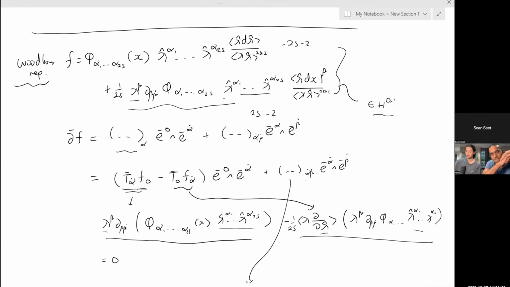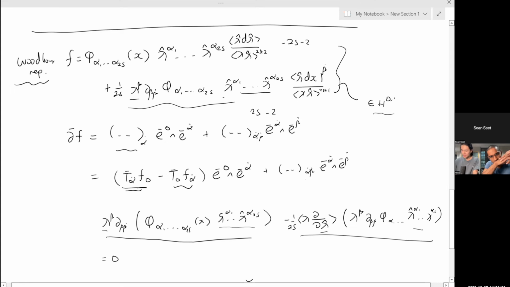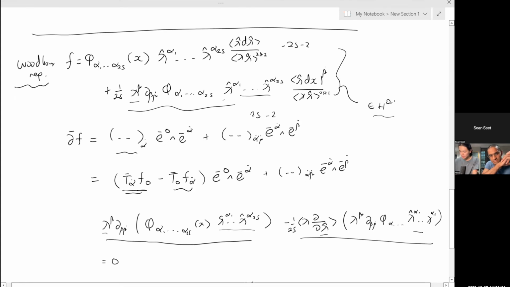Okay, good. And then we can try and evaluate this now. I've written the correct one down. Let's count weights and make sure that I've not done anything stupid. So this has weight minus 2s minus 2 in lambda. And this has weight minus 2s in lambda.